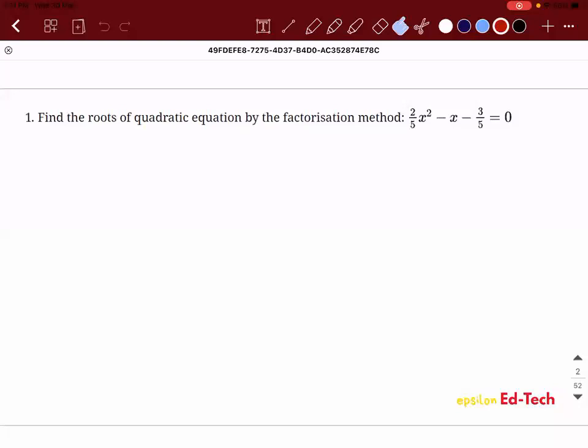Find the roots of the quadratic equation by factorization method. We can write this as 2x square minus 5x minus 3 is equal to 0.